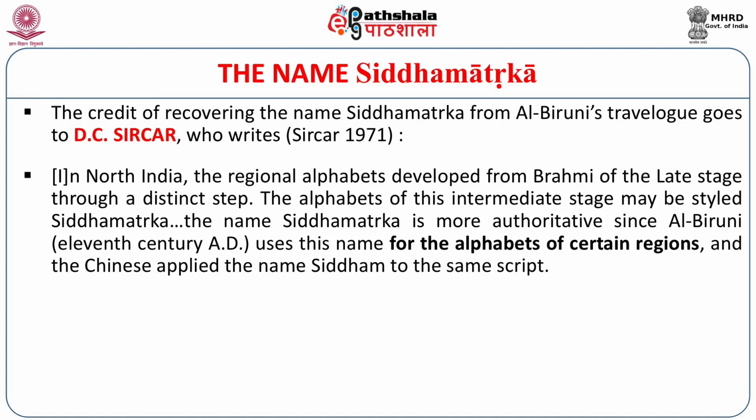The alphabets of this intermediate stage may be styled Siddhamatrika. The name Siddhamatrika is more authoritative since al-Biruni, 11th century AD, uses this name for the alphabets of certain regions, and the Chinese applied the same name Siddham to the same script.